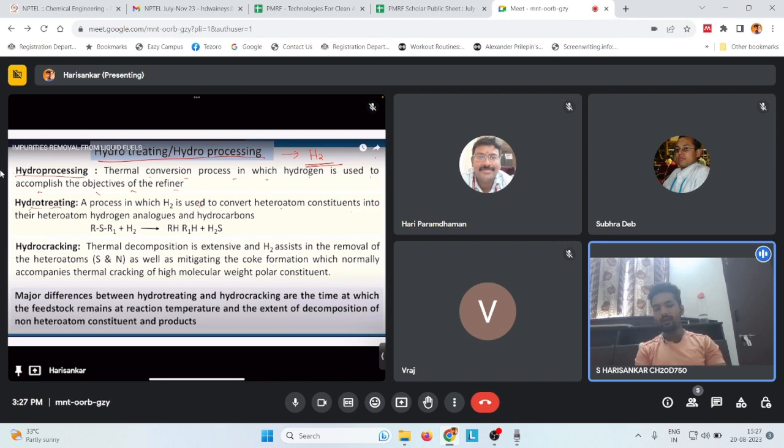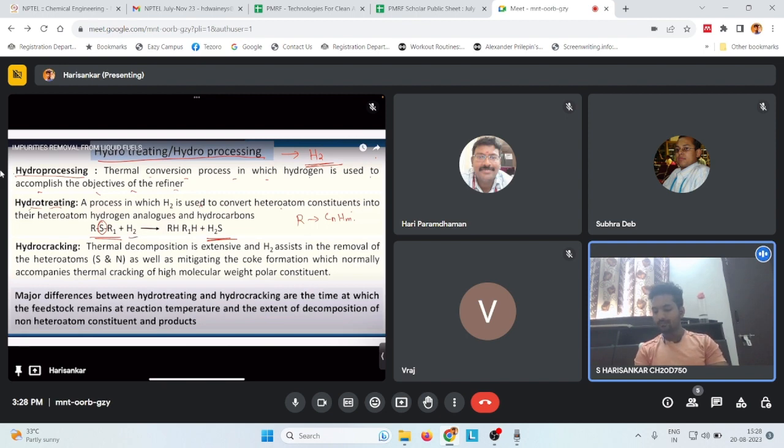and hydrocarbons. So, for example, if we had sulfur in the crude oil as RSR1, basically R is the alkyl part, CnHm. So, sulfur is attached to a hydrocarbon part, and we add hydrogen to it at high temperatures and pressure. What happens is this sulfur will form hydrogen sulfide and gets removed from the oil part.